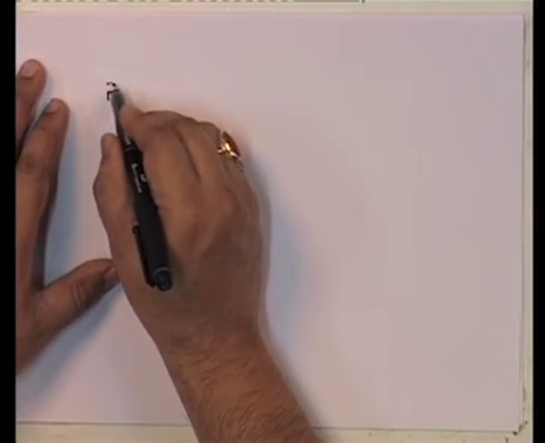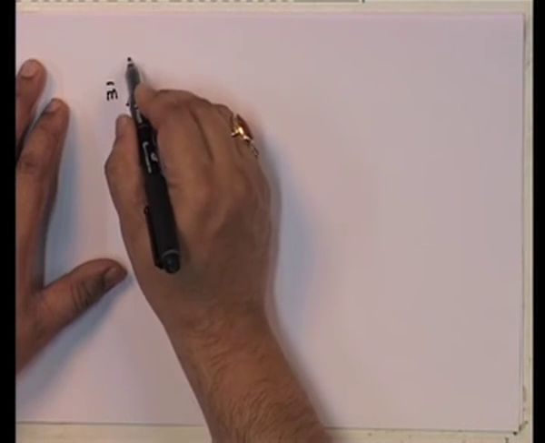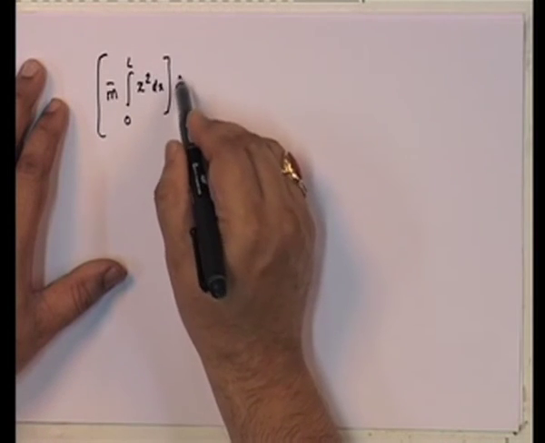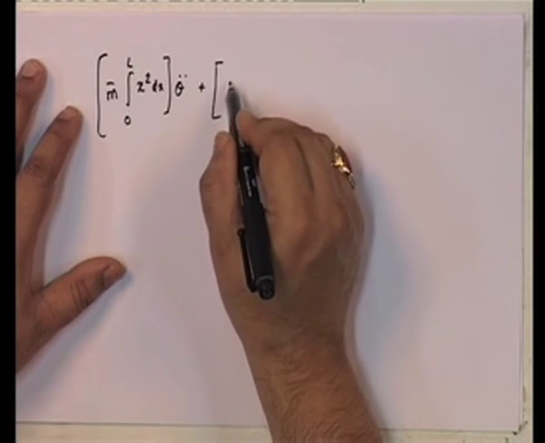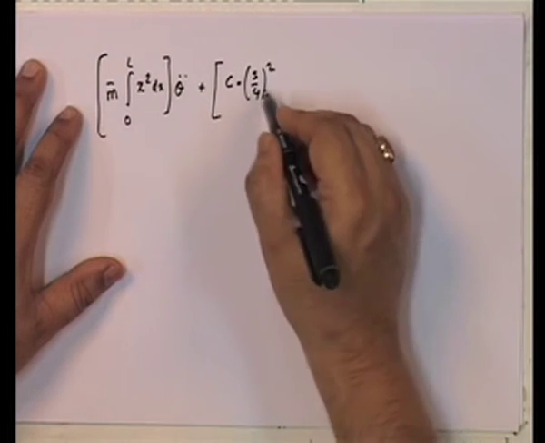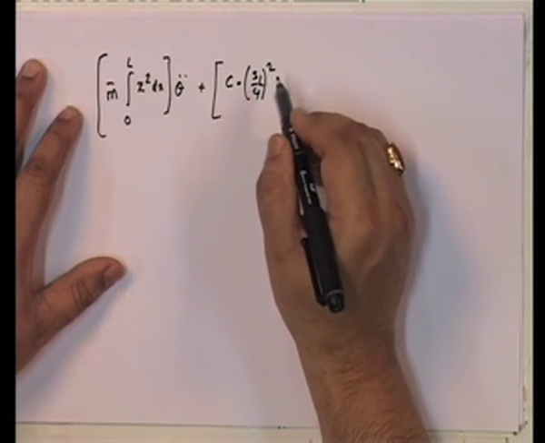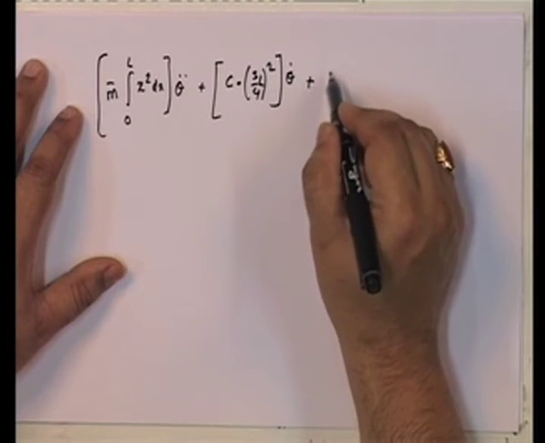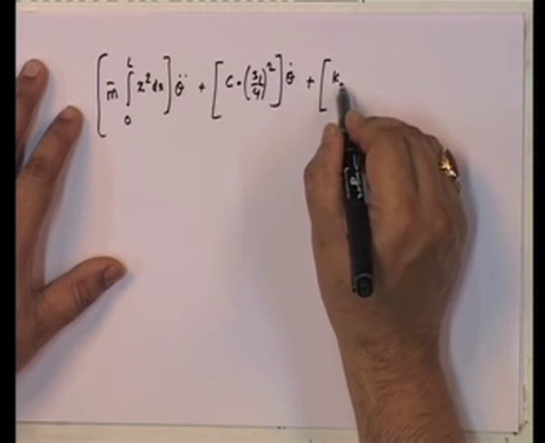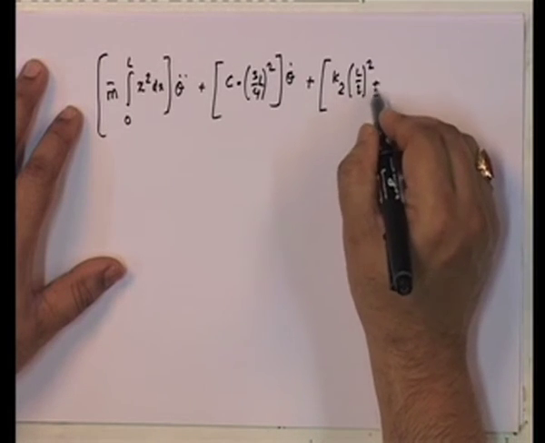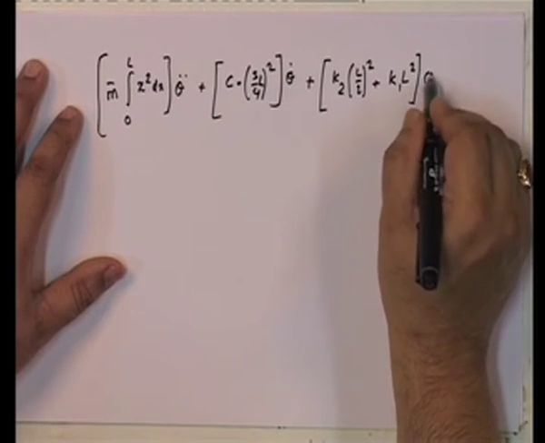I get M bar into integral 0 to L x squared dx theta double dot plus C into 3/4 L whole squared into theta dot plus K2 L by 2 squared plus K1 L squared theta.